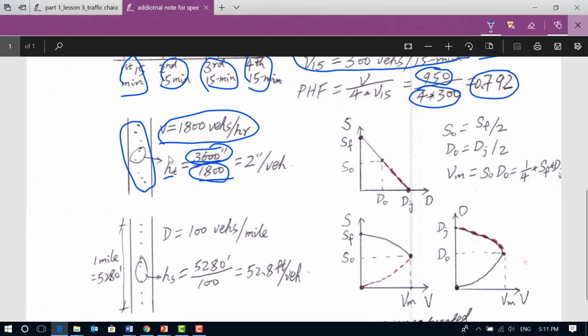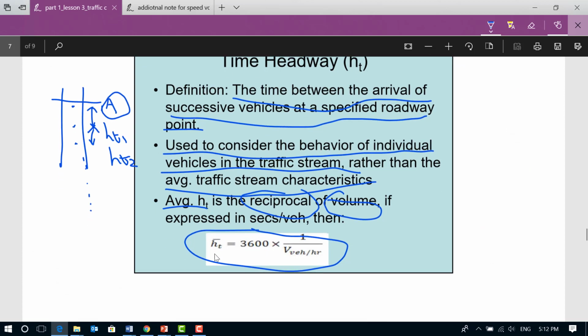So the average time headway is 3600 divided by 1800 vehicles, which equals 2 seconds per vehicle. That's the time headway. So once you know the time headway, you know the volume, or if you know the volume, you know the time headway. So they are in reverse relationship to each other.